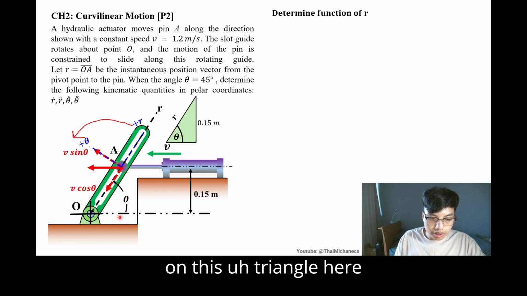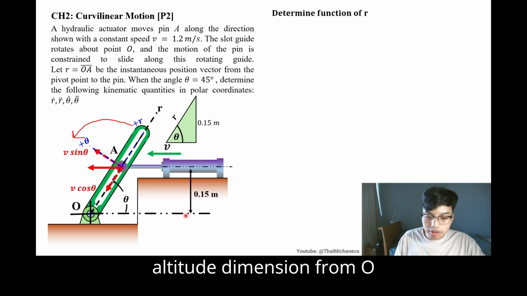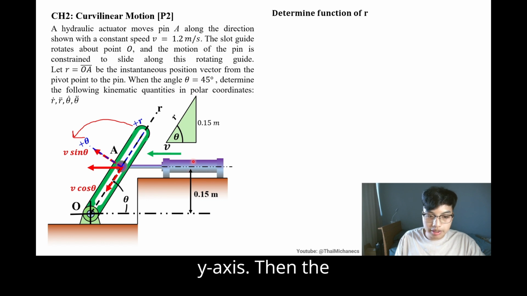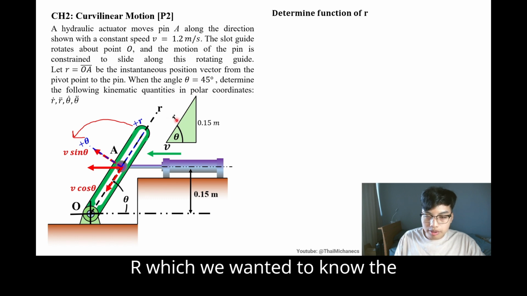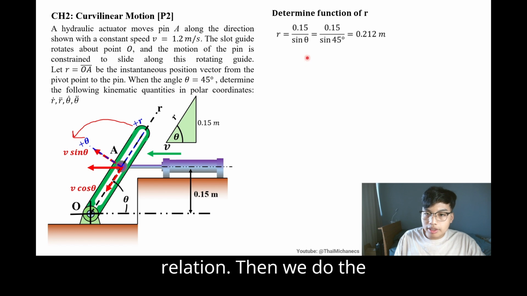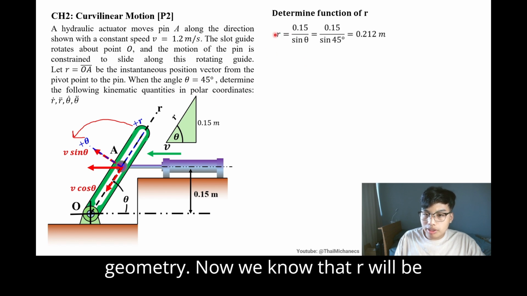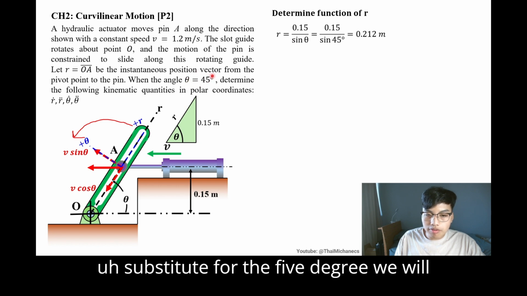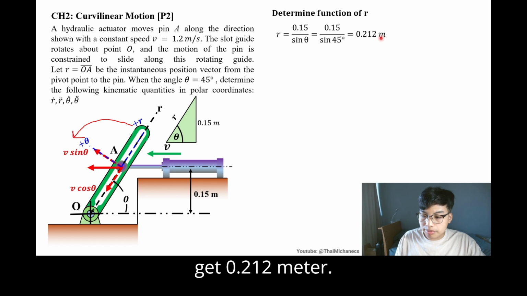This is 0.15 meter, which is constant since it is the altitude dimension from O to the hydraulic, which both do not move in the y-axis. Then the inclined length is r, which we want to know the relation for. Doing the geometry, r equals 0.15 divided by sine theta, and if we substitute 45 degrees, we get 0.212 meter.